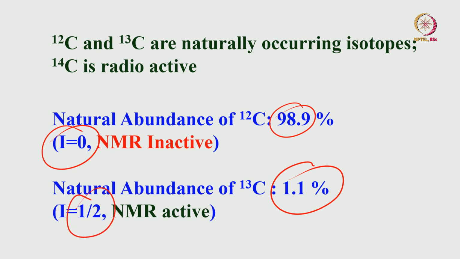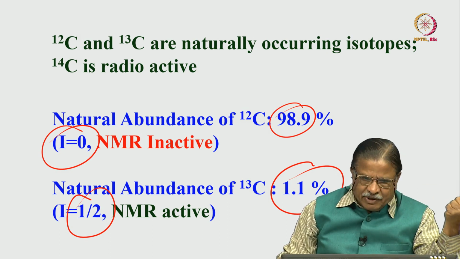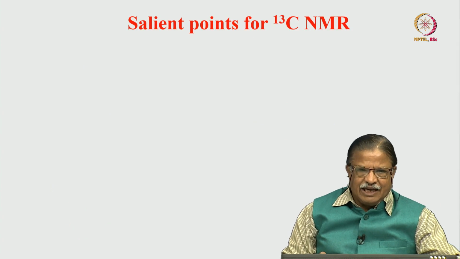And this is a very important thing for us, because if carbon were to be 100% abundant, then our proton spectra in many of the organic molecules would have become extremely complex to get the information. So, nature has in a way helped us, by making carbon-13 abundance 1.1%, and though it participates in the coupling, it does not complicate the proton spectrum. So, these are the general information.